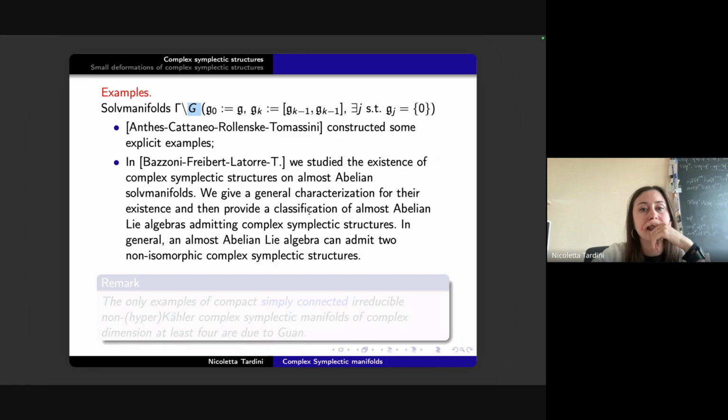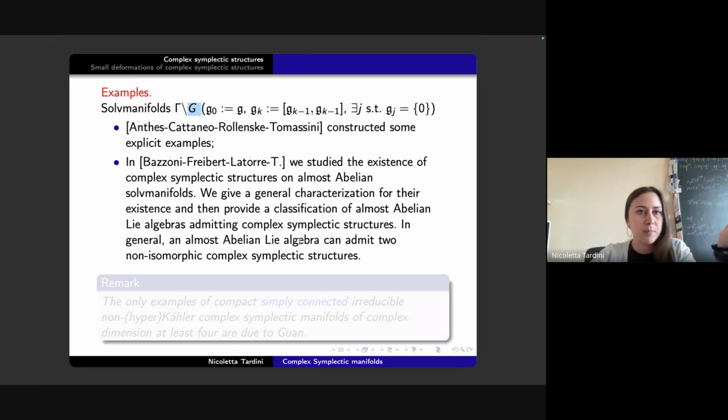And in this case, you can, in fact, explicitly characterize the existence of complex symplectic structures, let's say, by saying how the adjoint operator acts on this abelian ideal. And so, again, we were able to construct compact examples in any dimension. You can really write them explicitly.